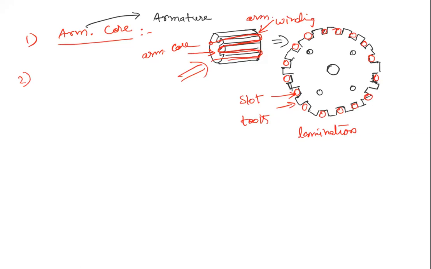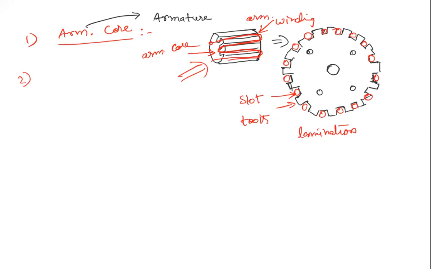Armature winding is made up of copper. High grade copper is generally used. High grade, costlier one, almost equal to the cost of silver or gold. Maybe silver. High grade copper costs like silver. Okay, so copper winding is used.